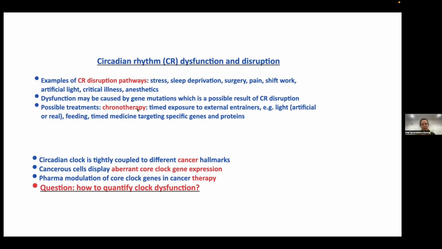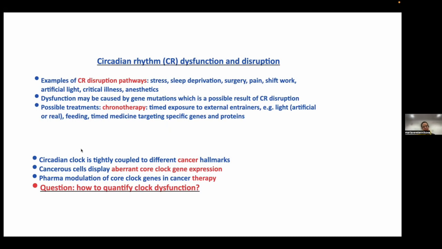Apart from that, chronotherapy could be timed exposure to external entrainers. The idea would be to try to bring the rhythmicity of the genes back, with the hope that this is going to help with the coping strategies of the organism.